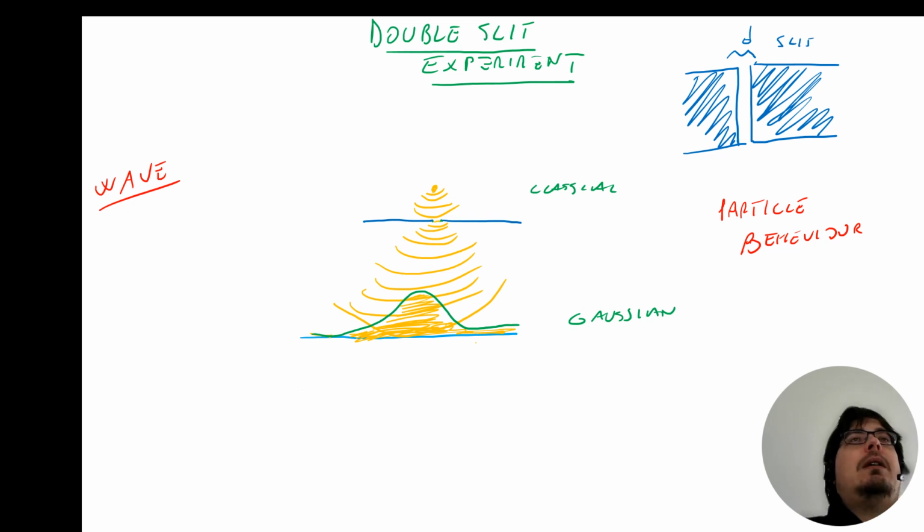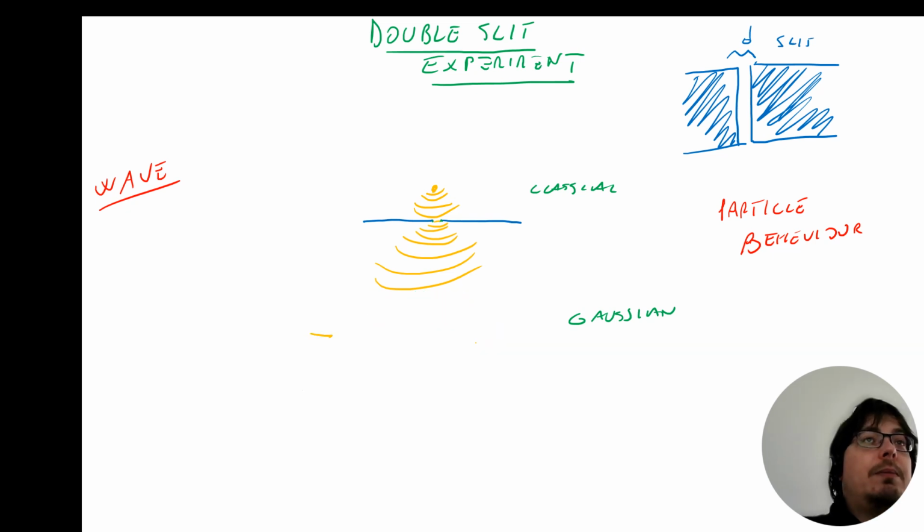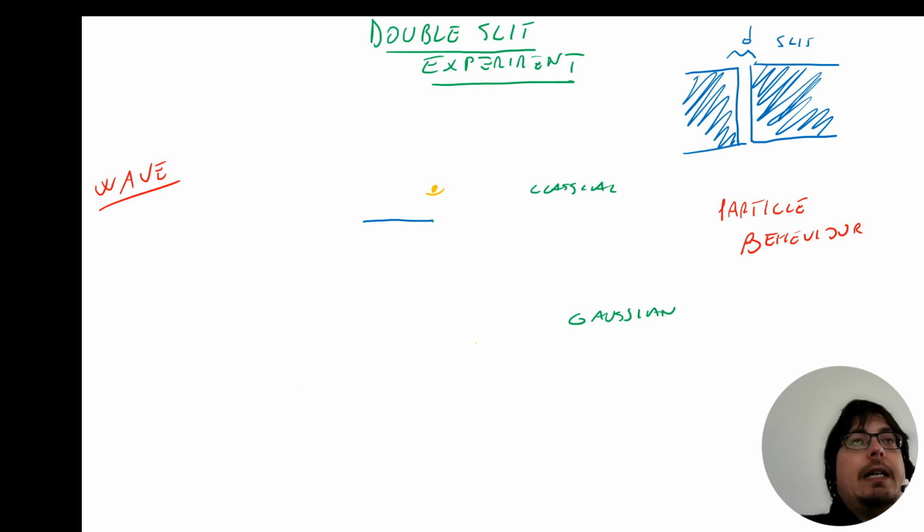Now we do another experiment. We do a quantum experiment, and we put a single photon. So we dim the wave of light to very few particles, one at each time. So it's still a particle, single photon, one at each time.